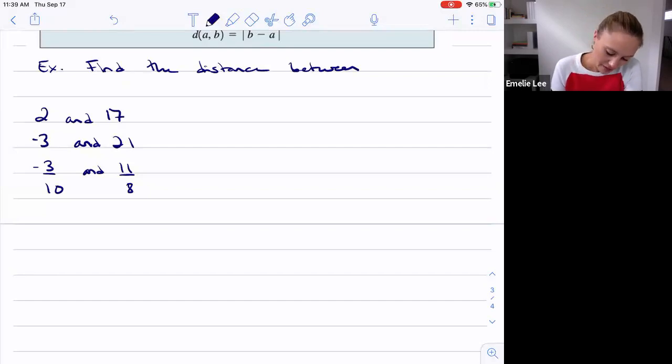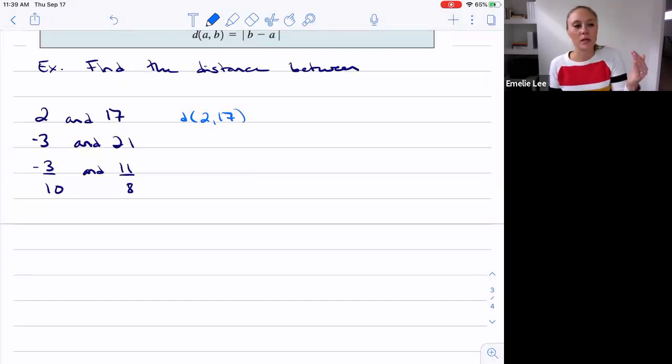We'll start with the first one, the distance between 2 and 17. Notice that I've always put the leftmost number on a number line first, and then the rightmost.